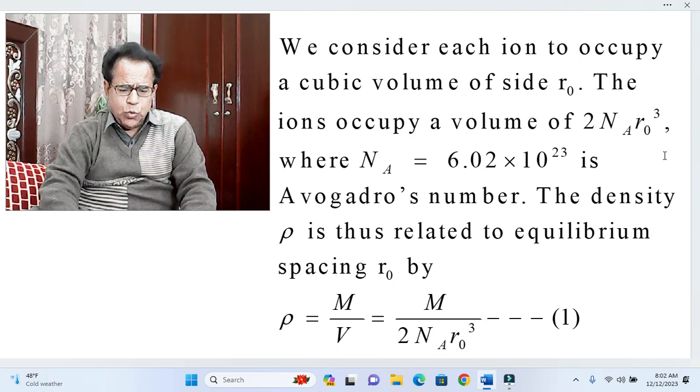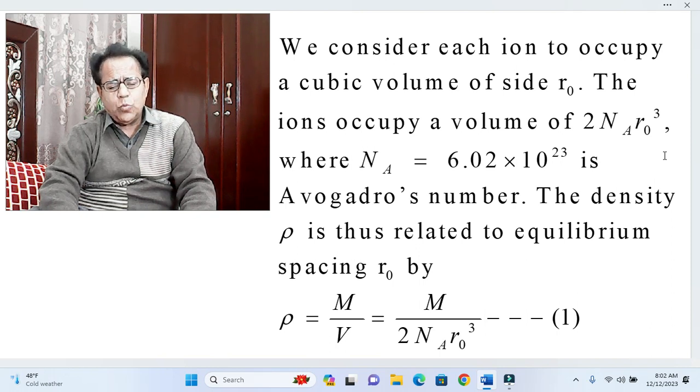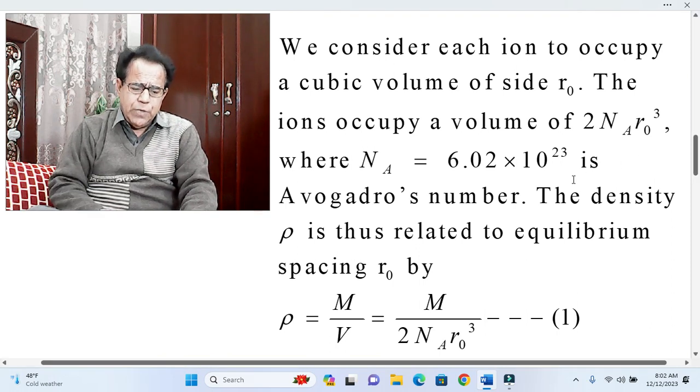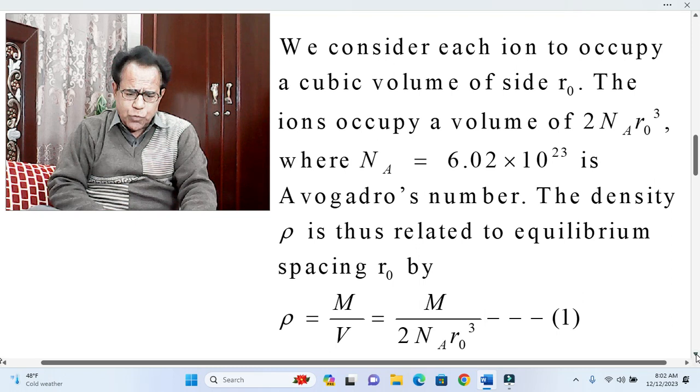Moreover, the values of M and R naught are provided in this statement. So when we put these three values in equation number 1, we will get the density of lithium chloride.